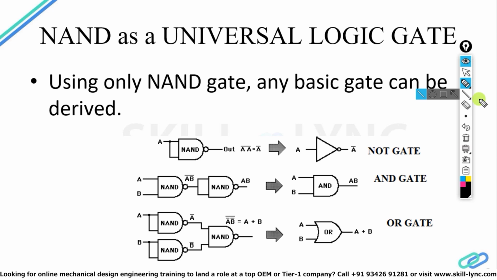So it is all about the NAND gate as the universal logic gate. I have already told you that whenever the NAND gate is acting as an AND gate, OR gate and NOT gate, if the NAND gate is capable of converting itself into the NOT gate, AND gate, OR gate, it means it acts as a universal logic gate.